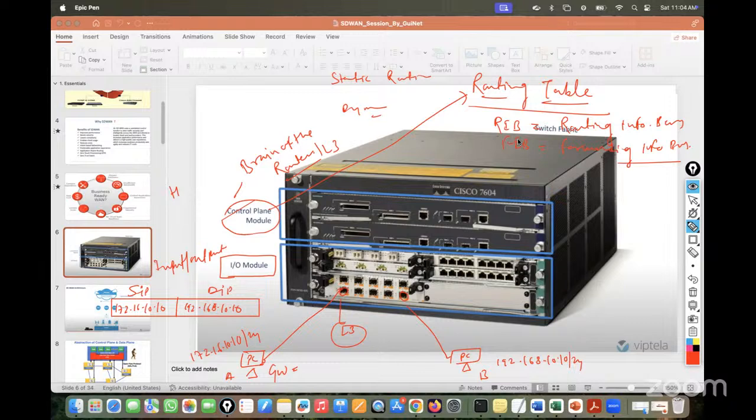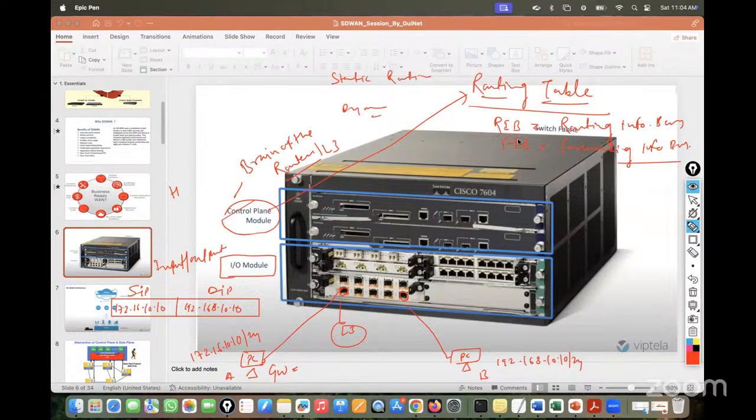Anyone else? FIB uses Cisco Express Forwarding as well. And it contains, if I'm not wrong, egress information like exit interface information to make routing decisions. Good. All right.